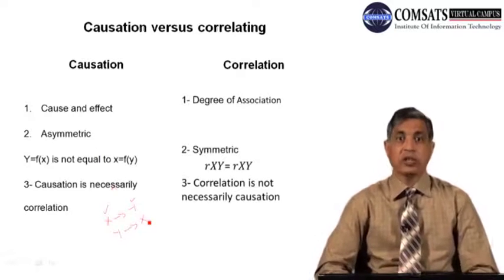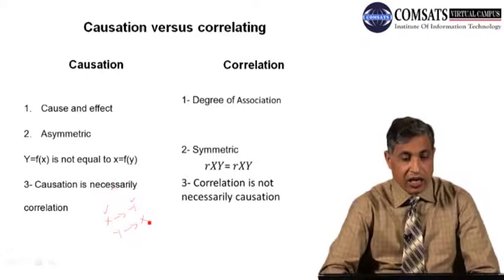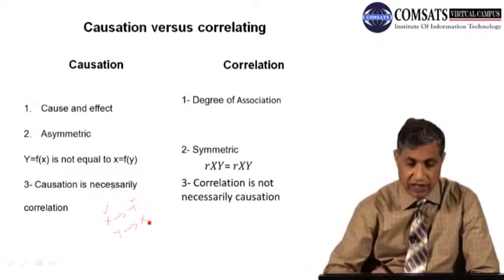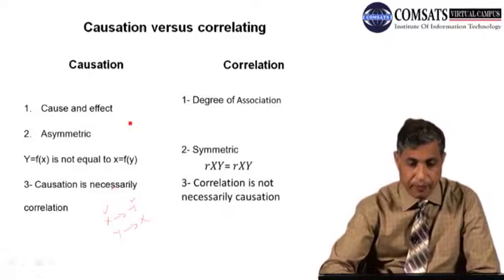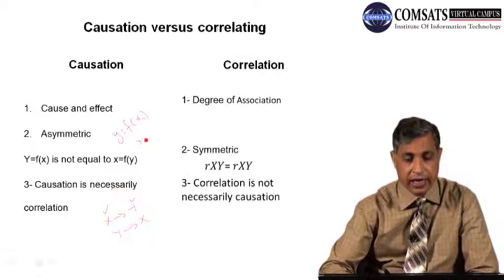The second difference between causation and correlation is that causation is asymmetric. Asymmetric means that if I say y is a function of x, it is not similar to saying x is a function of y.